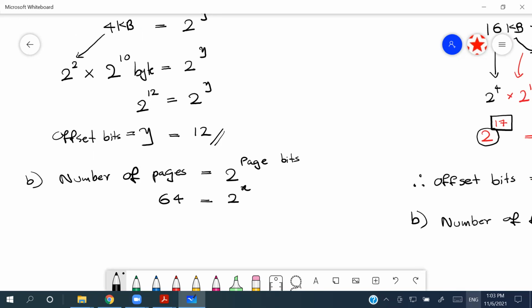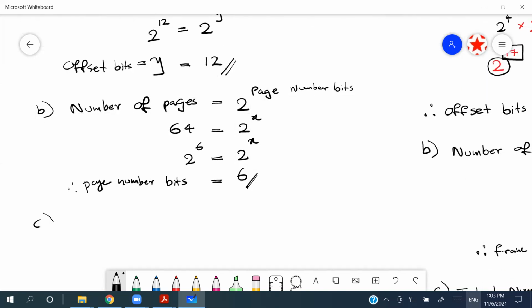I got page number bits as x, right? So 64 means 2 to the power 6 equals 2 to the power x. So therefore, page number bits equals 6. Right? Simple as that.